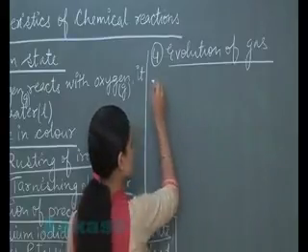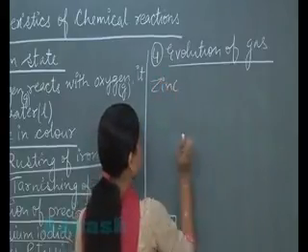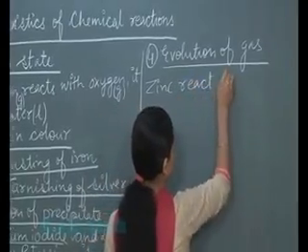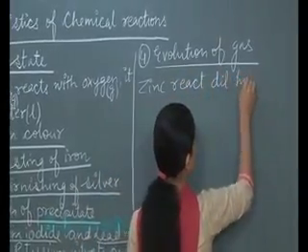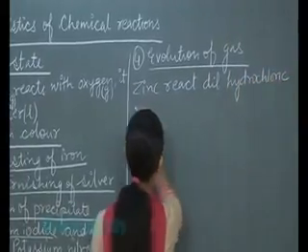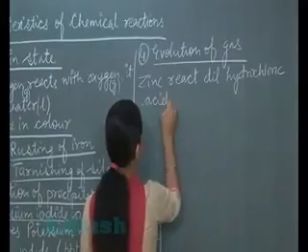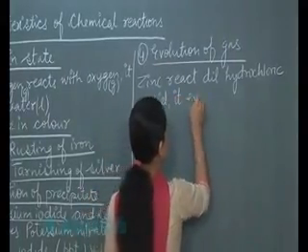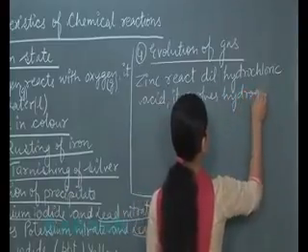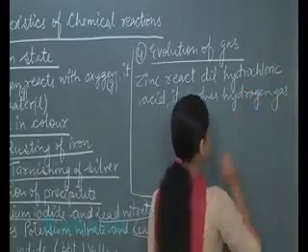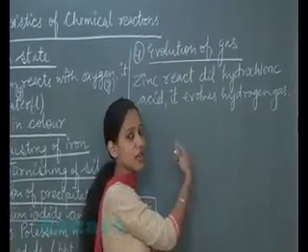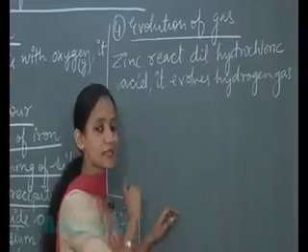When zinc reacts with dilute acids, here the dilute acid I can take is dilute hydrochloric acid, this reaction evolves hydrogen gas. Now students, in this reaction there is evolution of hydrogen gas, and if the hydrogen gas has evolved, that means this reaction has taken place.